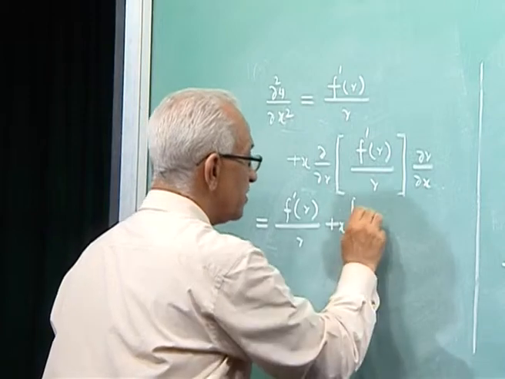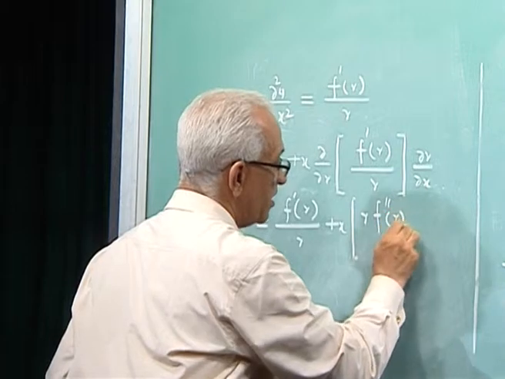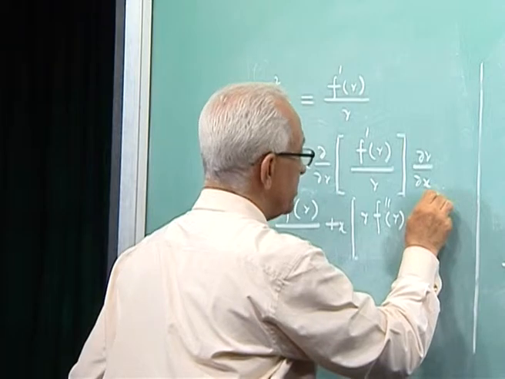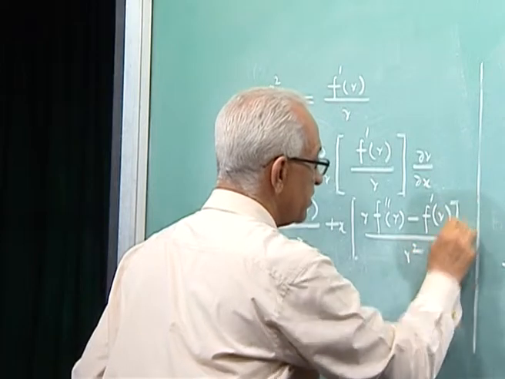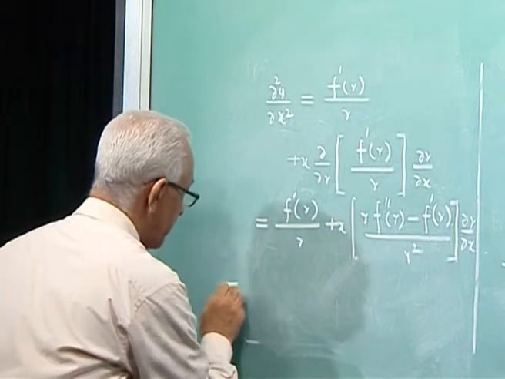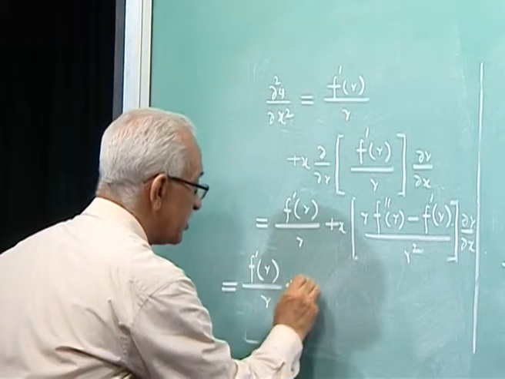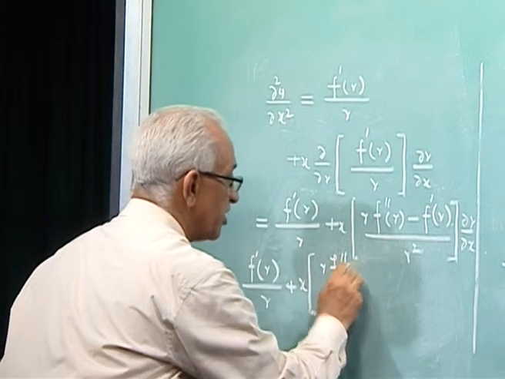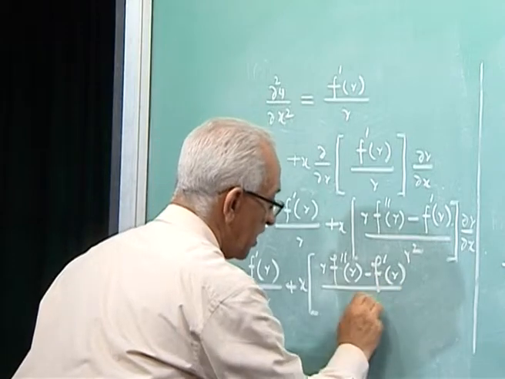Using the quotient rule: denominator r, differential of numerator, that will give you f double dash r, minus the numerator, that is f dash r, into 1 upon r square. This dr/dx will remain as such, and I'll be having f dash r upon r plus x times r f double dash r minus f dash r upon r square.